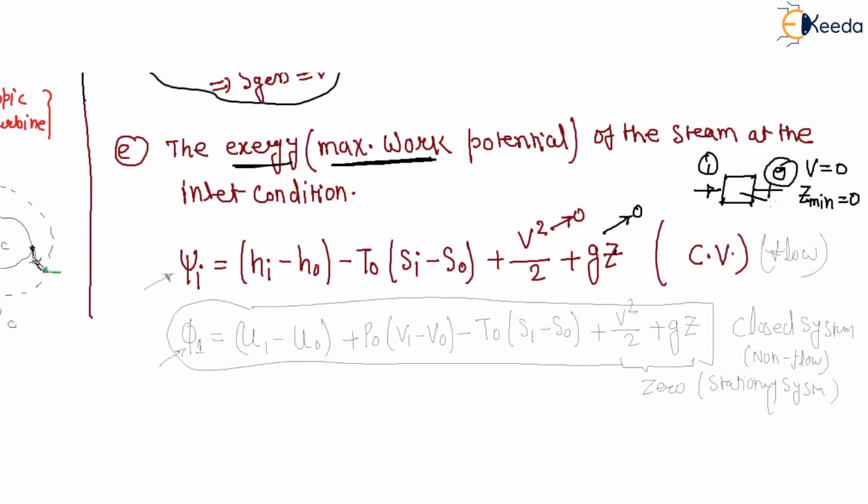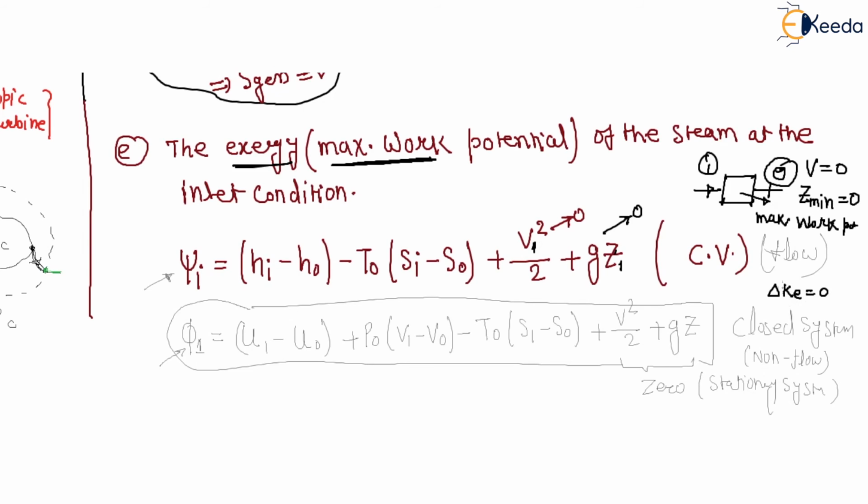So this is your maximum work potential, right? If there is no kinetic energy at the inlet, Z1 and Z2 have a change. If you put all this value, V1 and Z1, there is no change in kinetic energy.